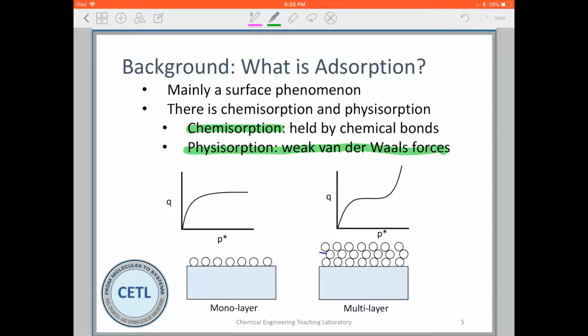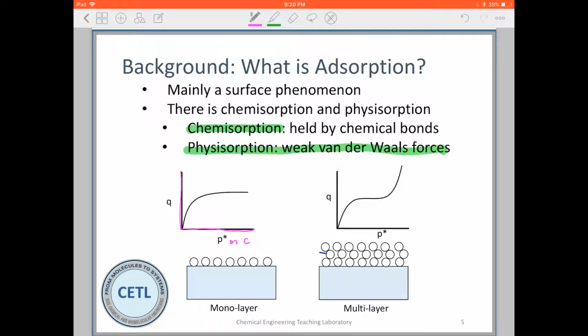Now, depending on your adsorbent and your adsorbate material, if you look at a curve that plots the concentration or the mass of adsorbate over adsorbent versus pressure or concentration, we use concentration if we have a liquid, and we use pressure if we have a gas.